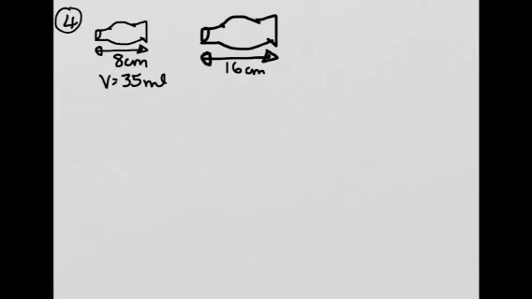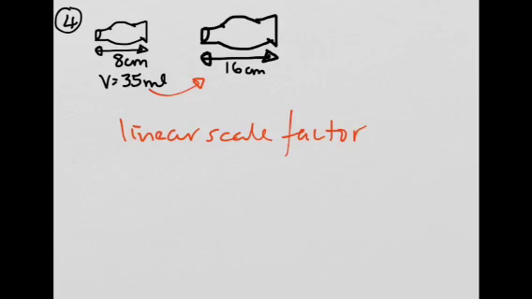Question 4, the toothpaste. Well, this is one of these questions where we need to find the linear scale factor. Now we know that we're going from the small toothpaste to the big toothpaste. So that being the case, the big number goes on the top, the small number goes on the bottom. Okay, simplify that.